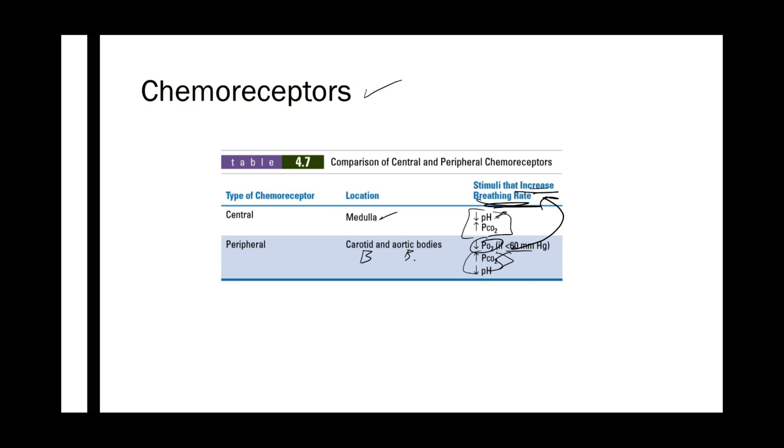And the outputs of these nerves actually go directly to the diaphragm and the external intercostal muscles, which ties back to those muscles of inspiration, telling them to contract more tightly.